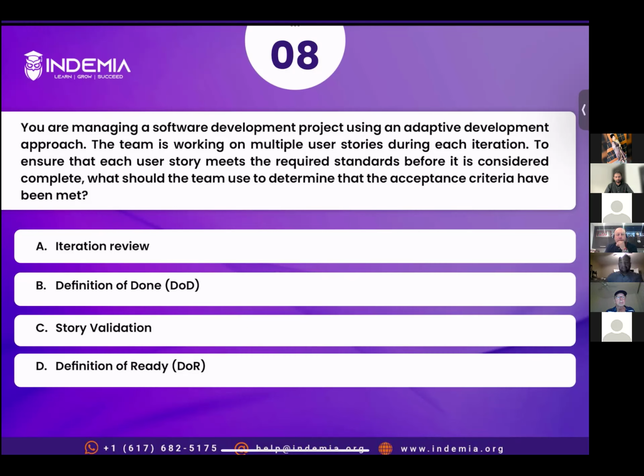And they have these specific acceptance criteria, specific bullet points that they have to check against to ensure that the acceptance criteria has been met. And basically that list of things is a definition of done. That's what it would be.